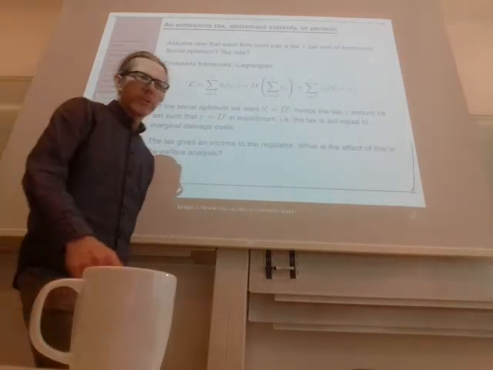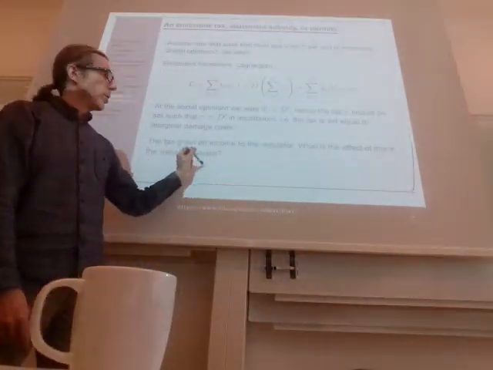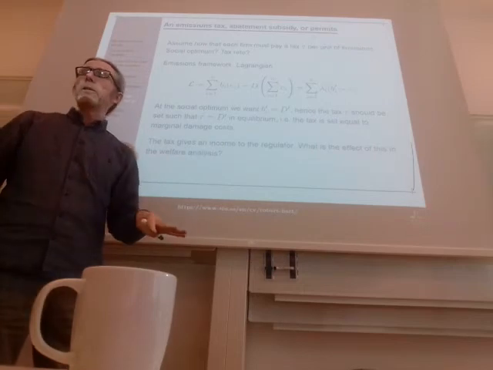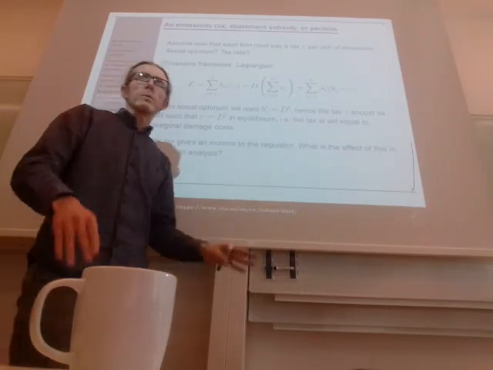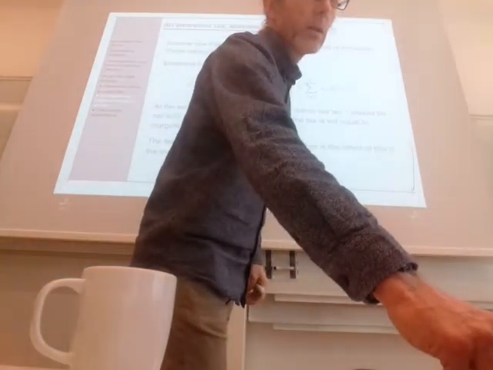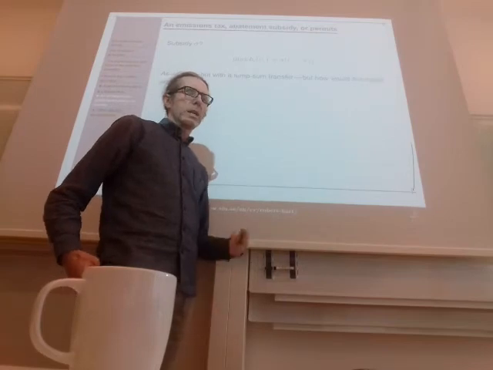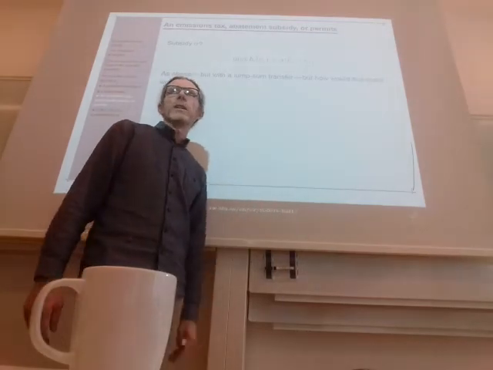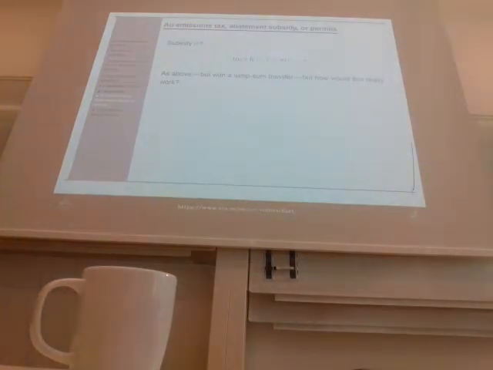What is the effect of the tax income on the welfare analysis? There's no effect, at this simple level where we're ignoring distribution. Subsidy: again, it doesn't affect the welfare analysis in this basic analysis.